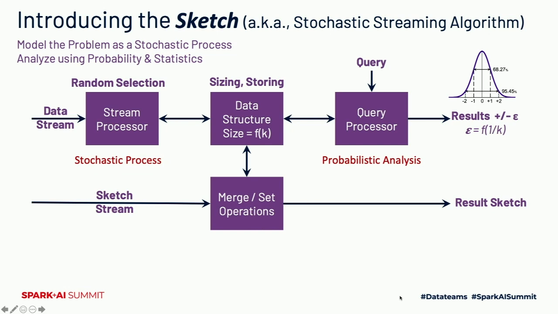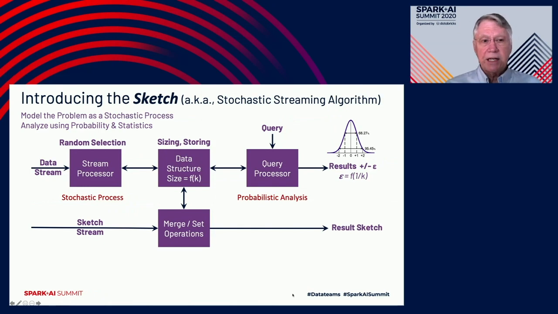And then it stores a few items or keeps a representation, not necessarily a copy, but a representation of what it has seen in the next stage, which is the data structure. And that's what we call the stochastic process. It is intentionally random, and we often add randomizing functions into this stream processor in order to improve the ability to do the analysis.